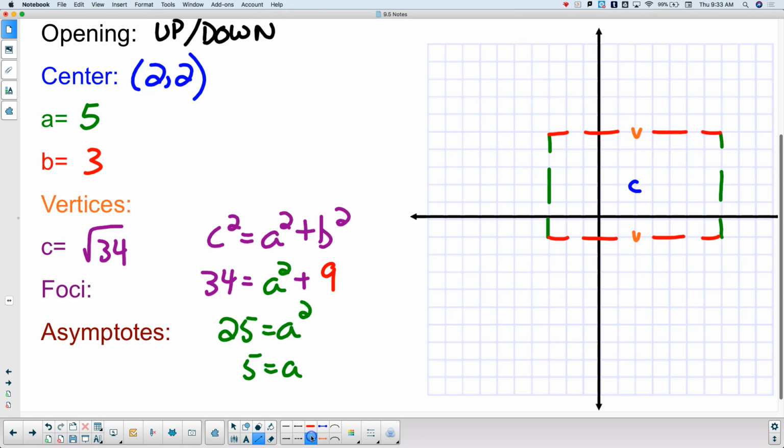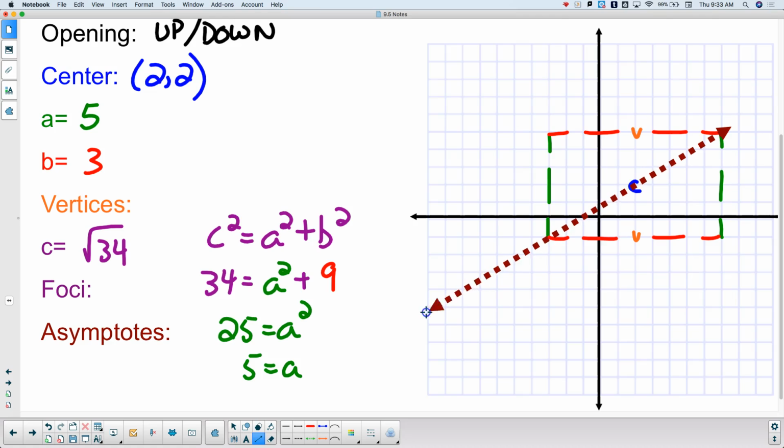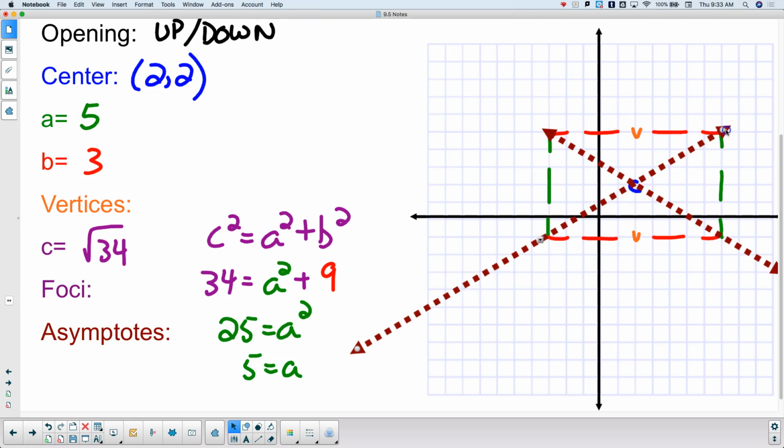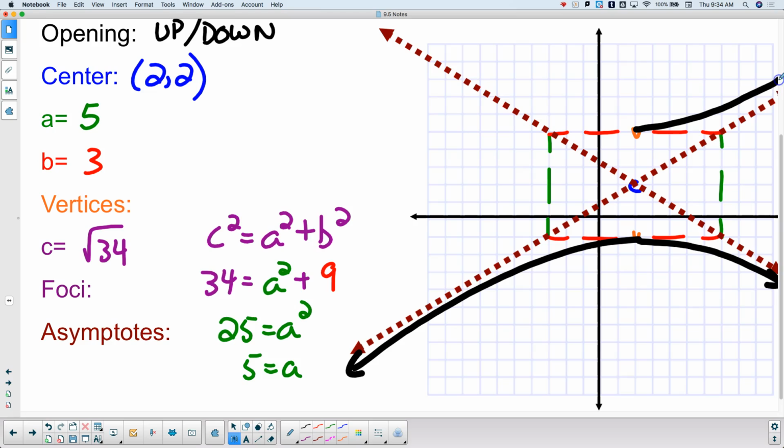And then we can draw in asymptotes. And then we can draw it in. Right? And then we can give the equation.